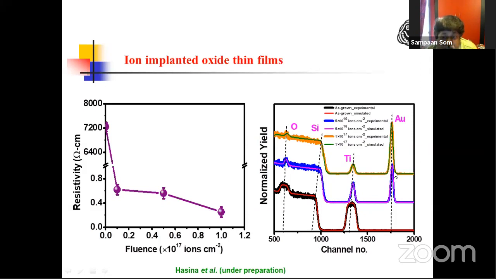That is because, due to sputtering, the titanium dioxide film thickness is reducing, and so projectiles are losing lesser amounts of energy for the samples with higher fluences with which gold is implanted. In the gold implanted samples with the highest fluence, the reduction in titanium dioxide thickness is highest.